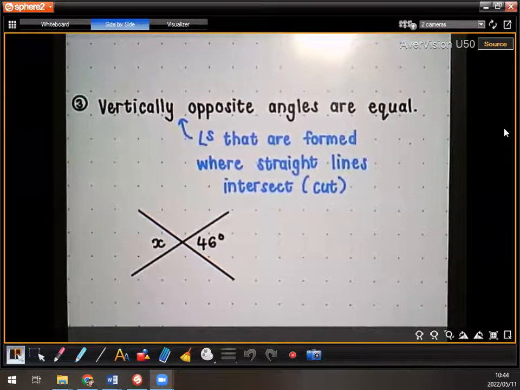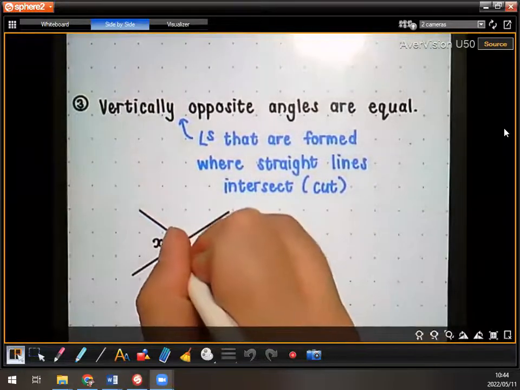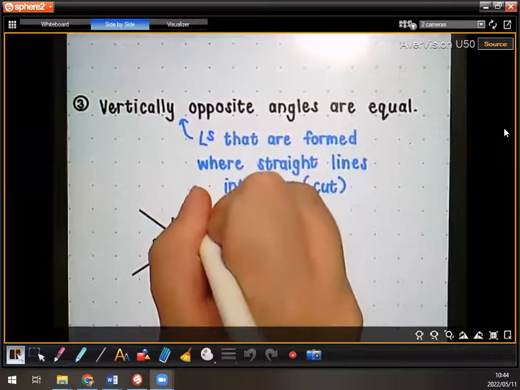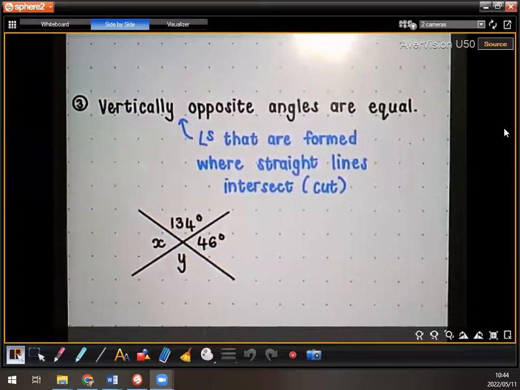Let me just quickly do a calculation here so that my picture actually works this time. And then we have y, and we have 134. So that's vertically opposite angles.